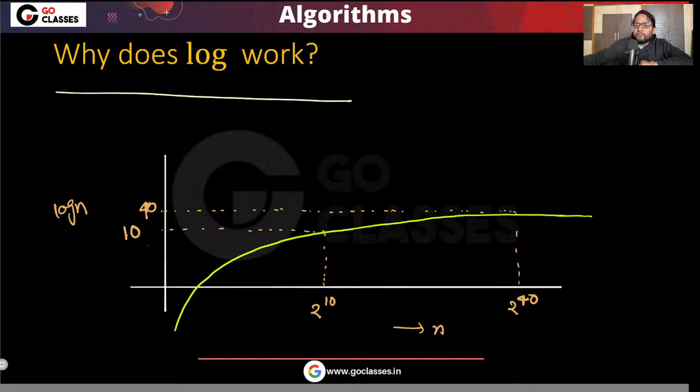Now can you tell me which one is greater among 2 power 10 and 2 power 40? Definitely 2 power 40 is greater than 2 power 10. Now after taking the log, which one is greater, 40 or 10? 40 is greater, right? So before taking the log it was greater, and after taking the log it should also be greater.